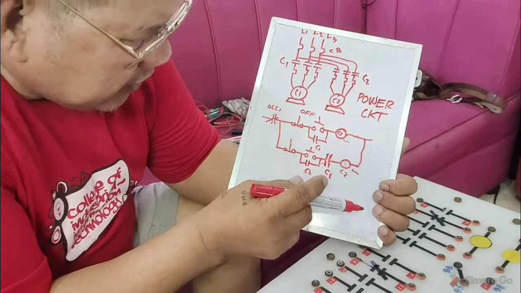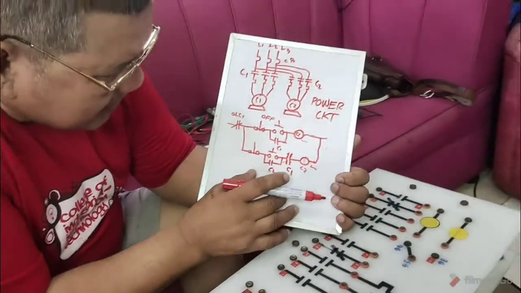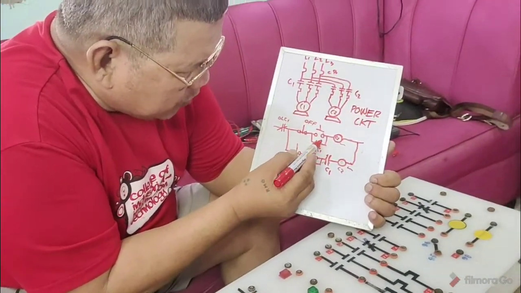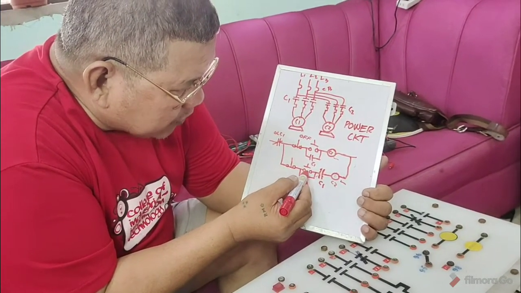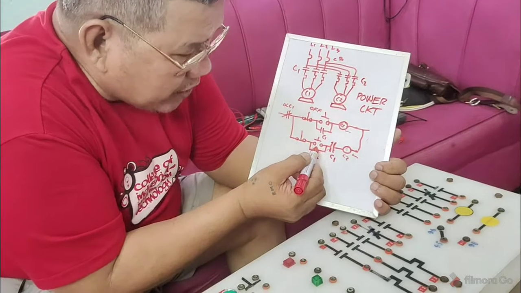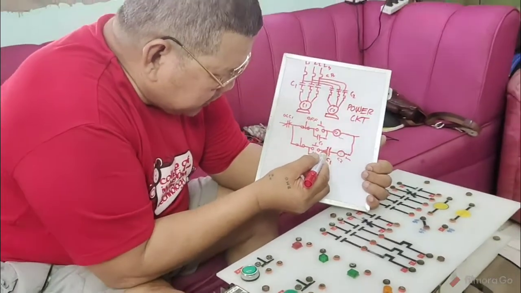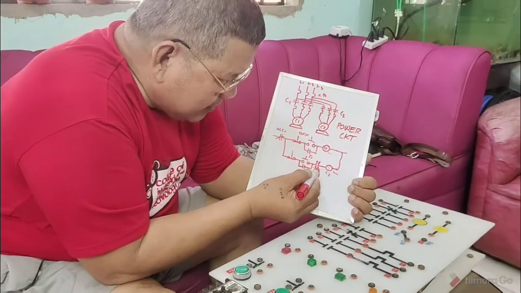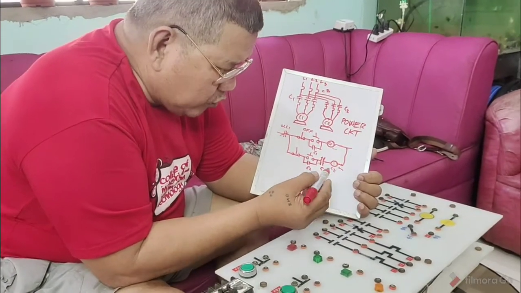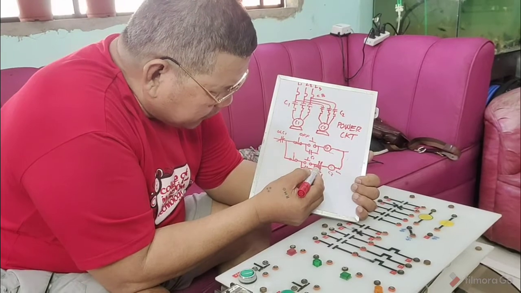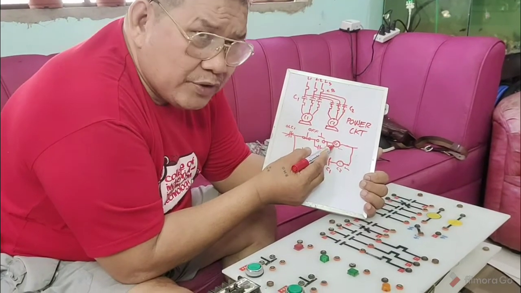Again, in this kind of diagram, if I immediately press button number 2 intended for conveyor number 2, it will not run. Why? Because there is a normally open contact taken from conveyor number 1. So what you have to do is close this one first by running conveyor number 1.